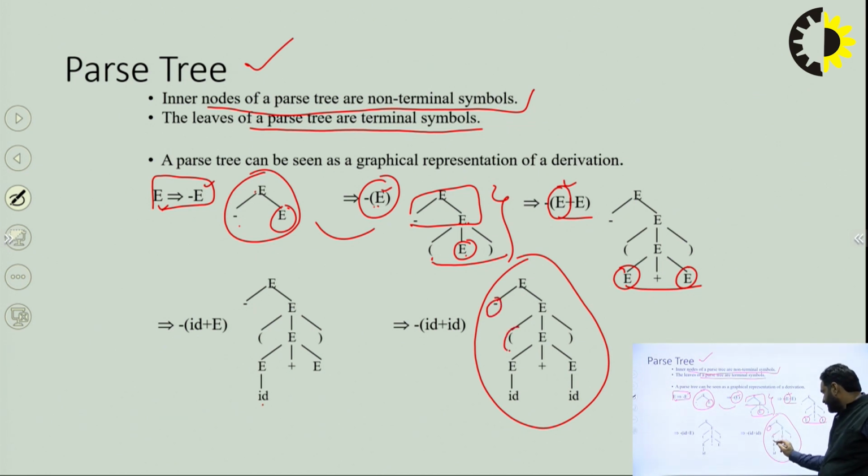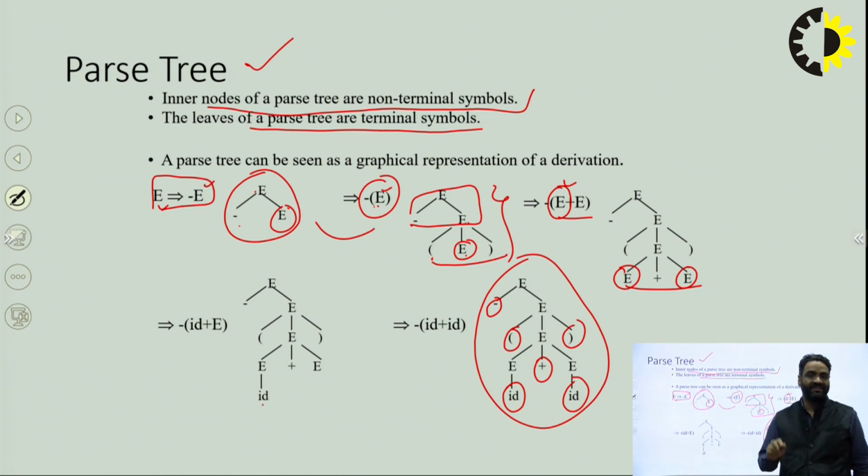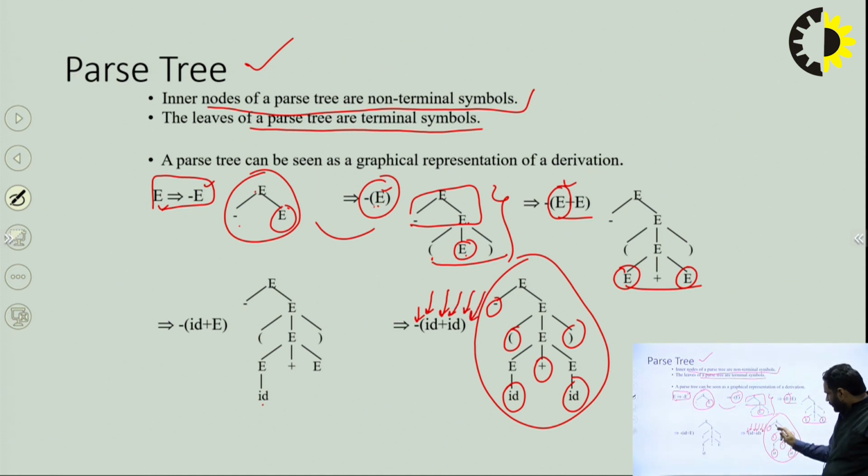Minus, then starting brace, then ID, then plus, then again ID, then closing brace. All these symbols represent the leaves. This is the sequence: first symbol, then second symbol, then third, fourth, fifth, then sixth. So in the tree leaves we are counting from left to right.